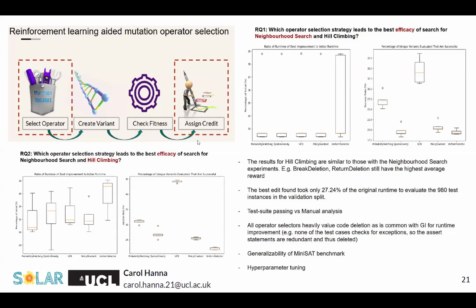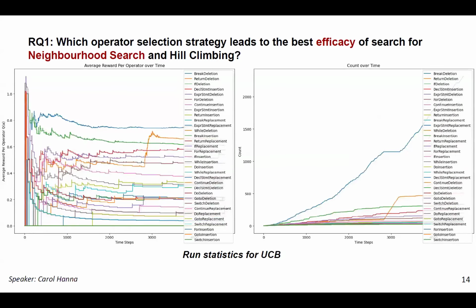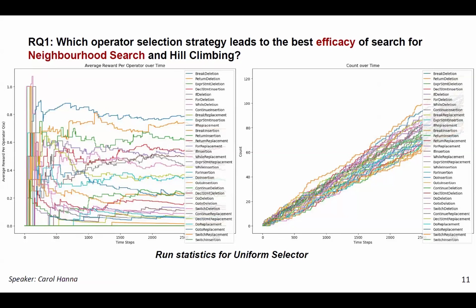From the list of mutations that I saw, deletion, replacement: if you didn't change how it works natively in MagPie, it replaces only by the same type of node in the AST. So for example, break replacement would replace the break node by another break node, not another type of statement. You wouldn't be able to replace a return by an if, or an if by return. So did you change that in your experiments?